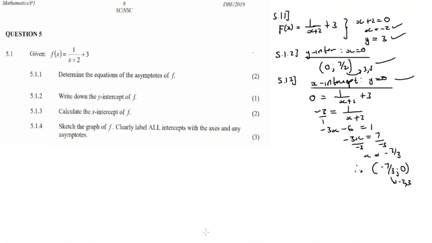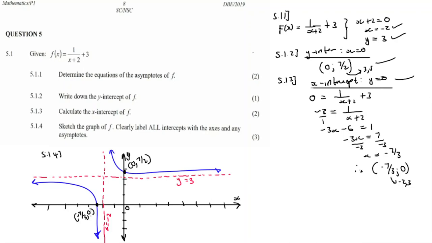Right, now for 5.1.4, our sketch: the y-intercept here, the x-intercept, and then our asymptotes.